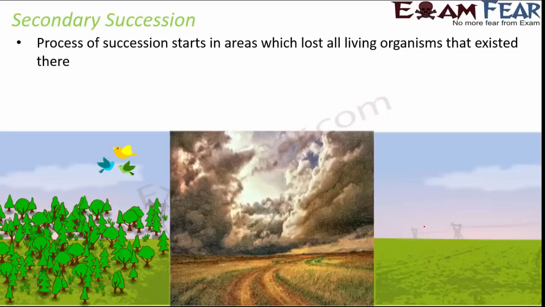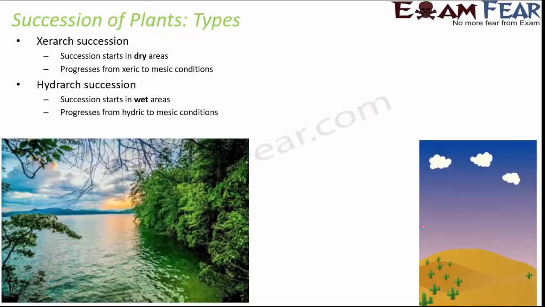That means living organisms existed there before, but due to some natural calamity, maybe a flood or any other, all the living organisms ended up, and then a new succession started again. That is called secondary succession. Now, in plants, succession is of two types: xerarch and hydrarch.